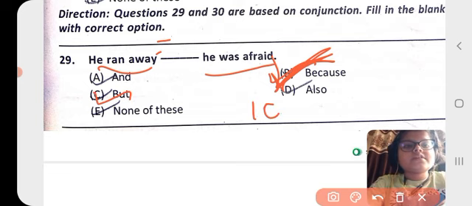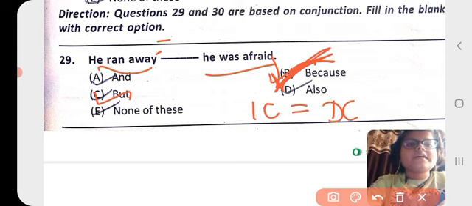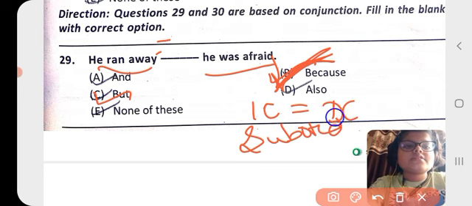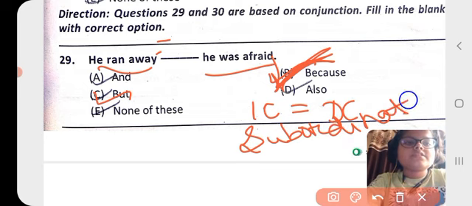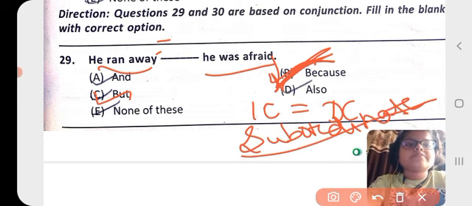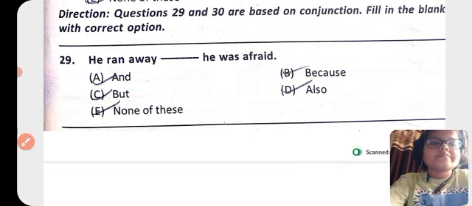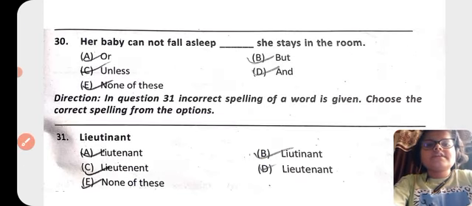An independent clause and a dependent clause mixed in one sentence use subordinating conjunctions. So the answer here is option B: he ran away because he was afraid. Let's see the next question.